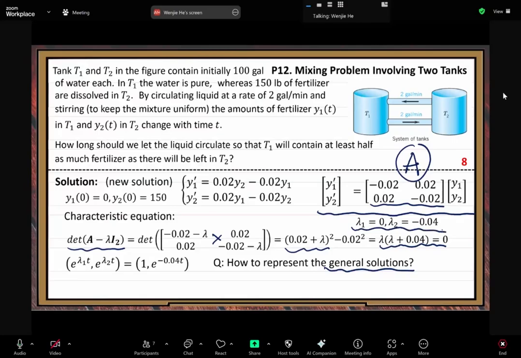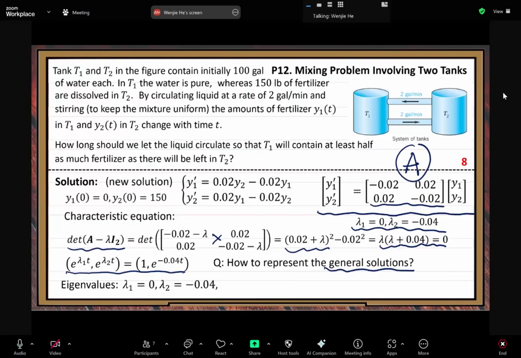Eigenvalues, eigenfunctions, eigenvectors. And here, these two functions. So we found these two eigenvalues.